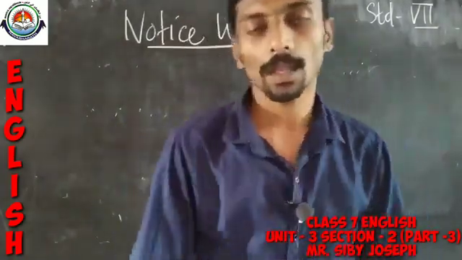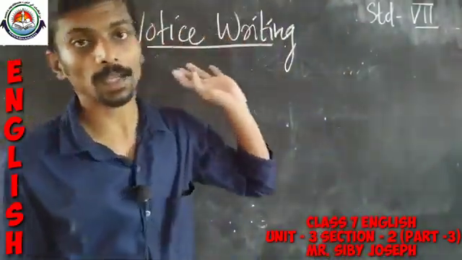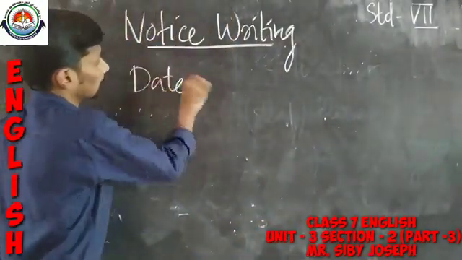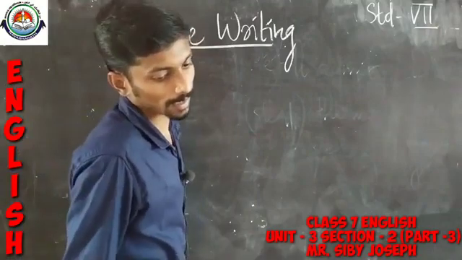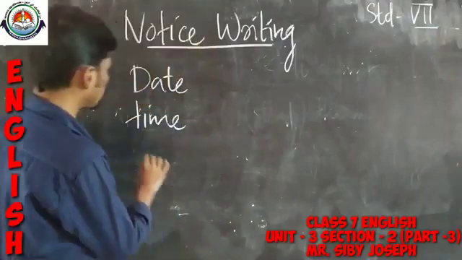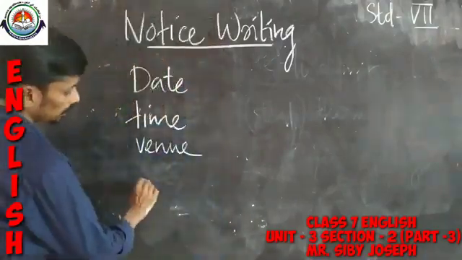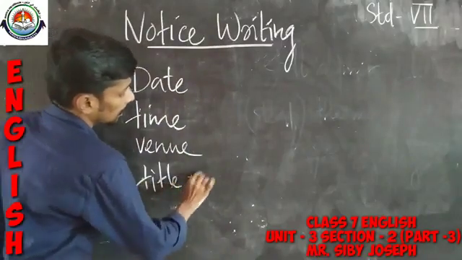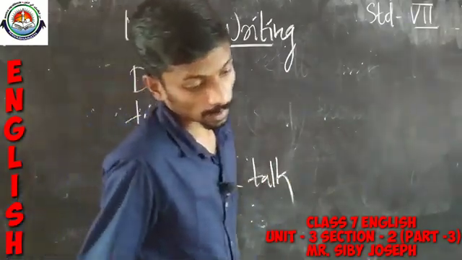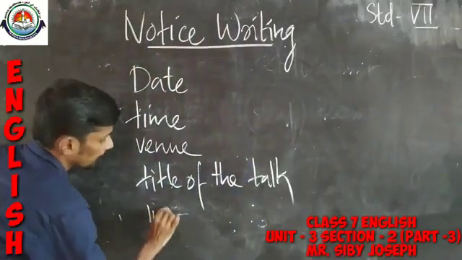So, now tell me, what are the things you have to mention in a notice writing? Yeah, there should be the date, then there should be the time, then there should be the venue, and there should be the title of the talk, and there should be an invitation.